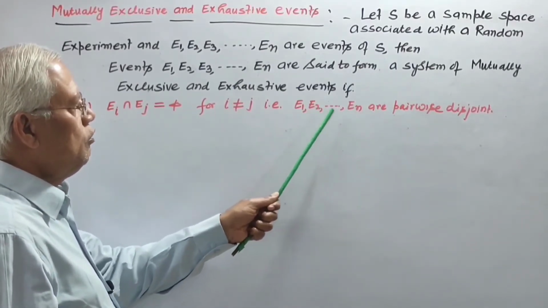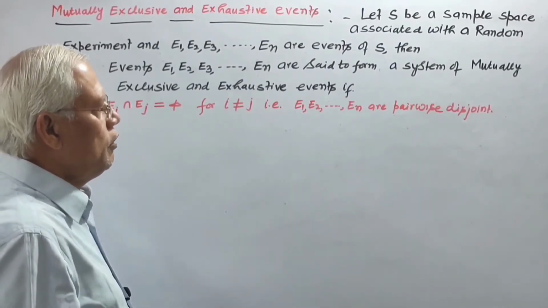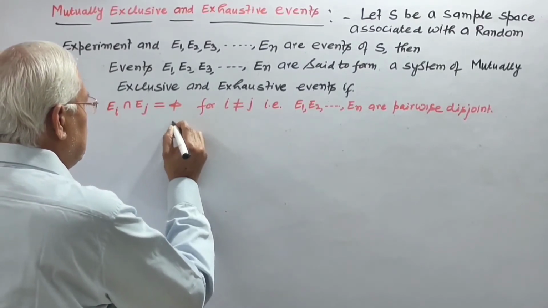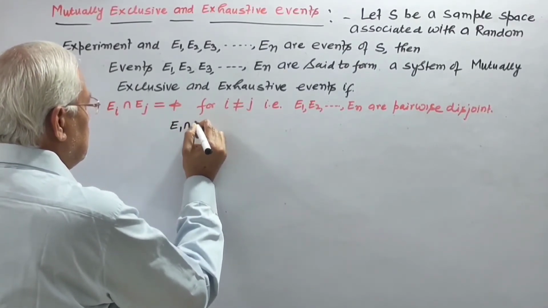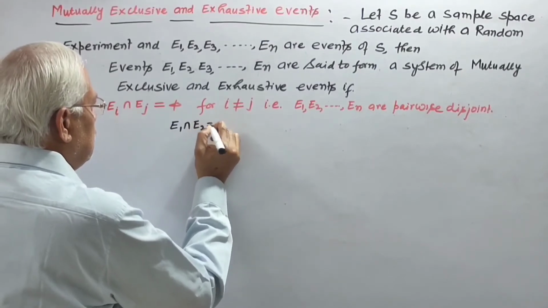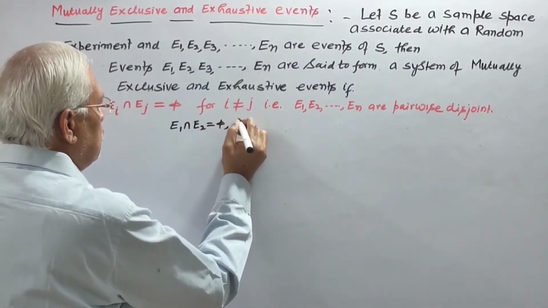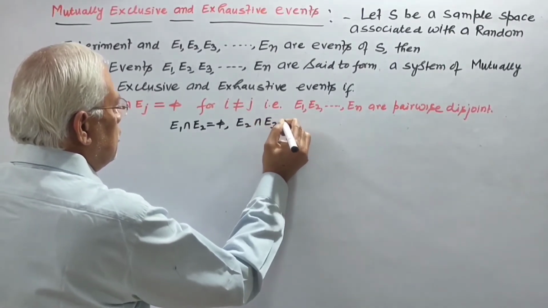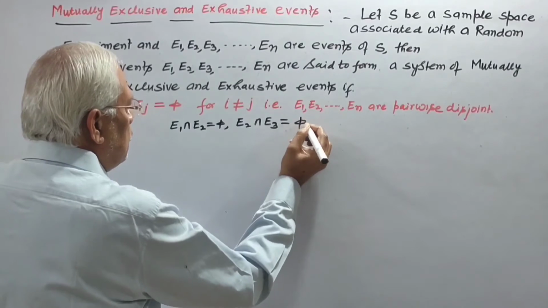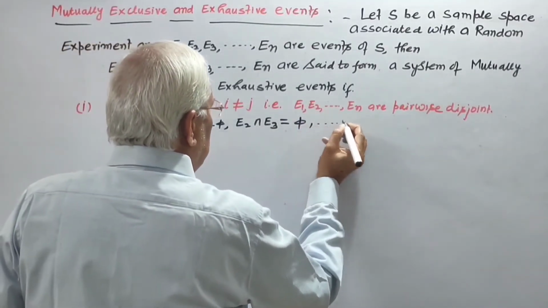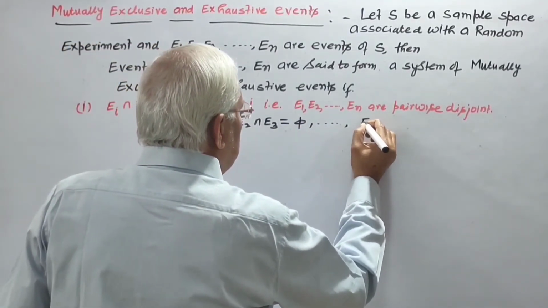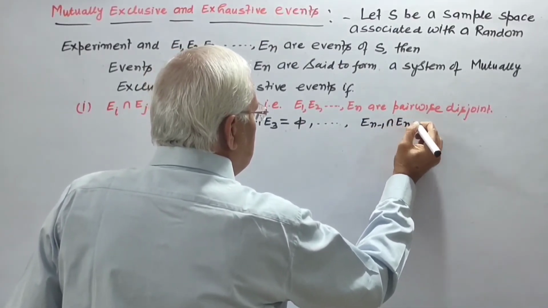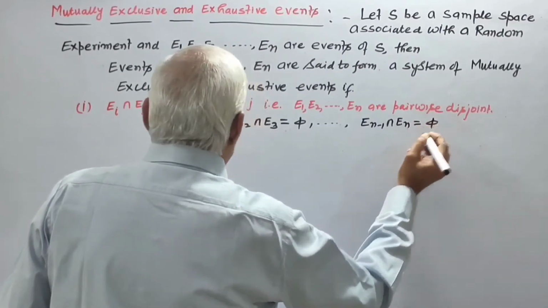That is, E1, E2 and so on En are pairwise disjoint. What is the meaning of pairwise disjoint? It means E1 intersection E2 is equal to phi, E2 intersection E3 is equal to phi, and so on, En minus 1 intersection En is equal to phi.